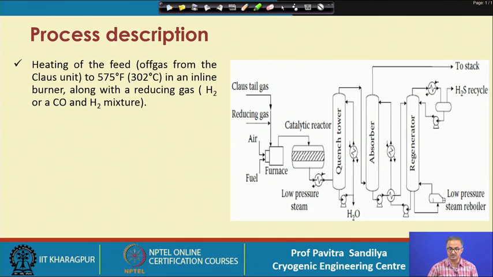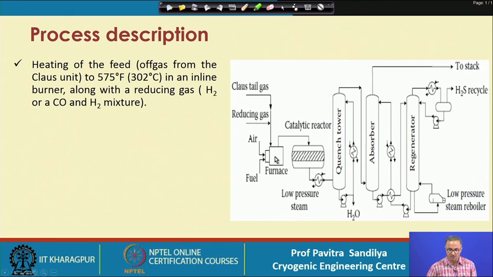And here is the process description. It also entails many steps. First, the feed off-gas is the Claus tail gas. We mix it with the reducing gas. This reducing gas consists of hydrogen or a mixture of hydrogen and carbon monoxide, and these are all mixed with this Claus tail gas, and we also add air.